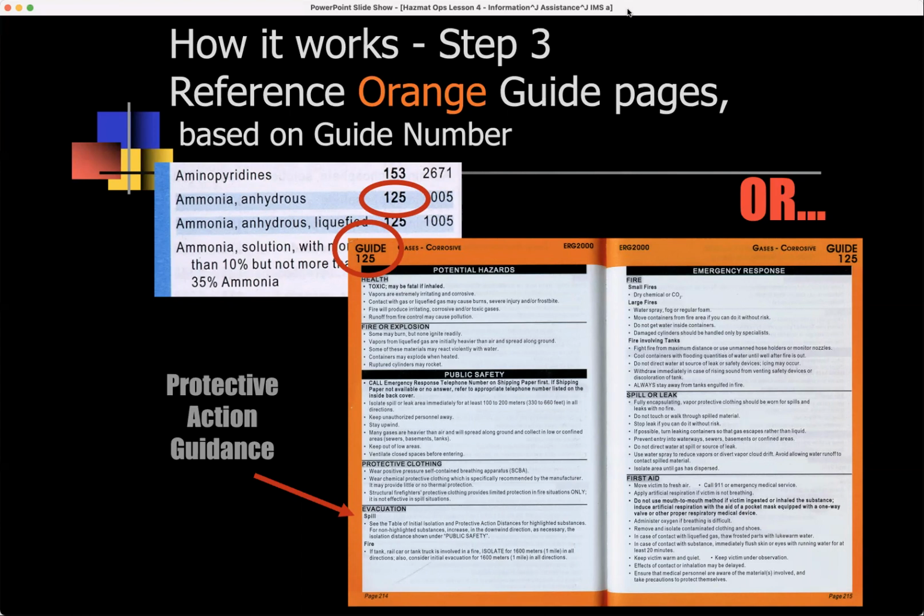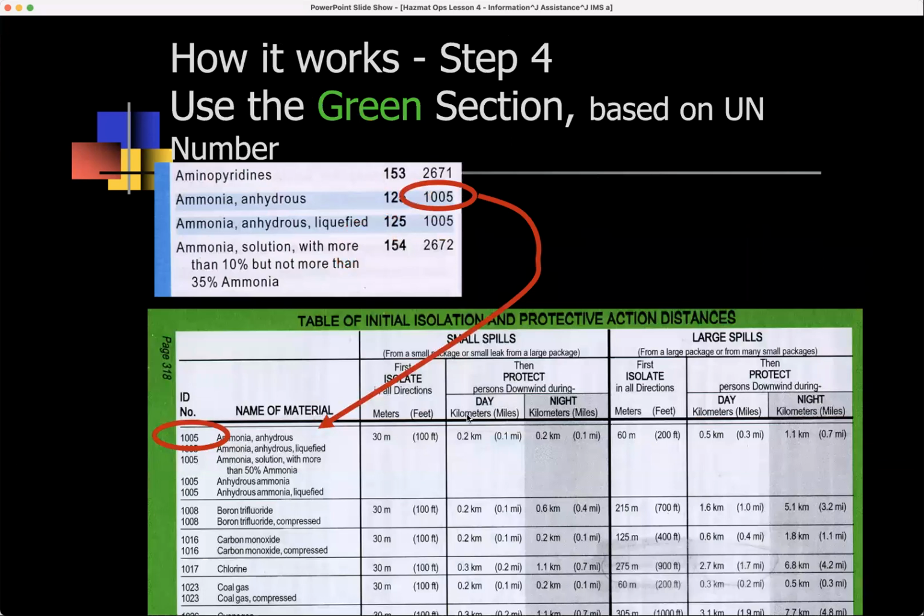So initially, if you don't even go to the green section, this tells you to isolate the spill or leak area immediately for 100 to 200 meters, which is 330 to 660 feet in all directions. Remember, that's a circle. But we could also just do 100 feet.